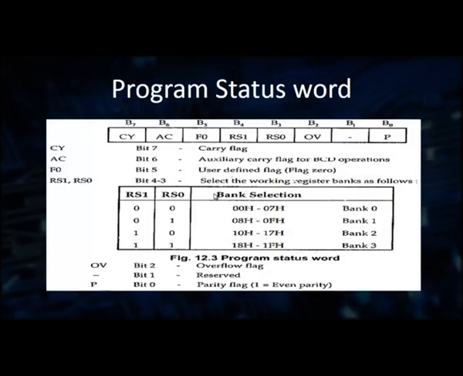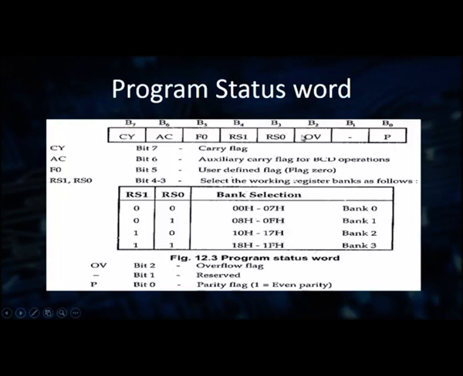The program status word is a status register, which gives the status of arithmetic and logical operations, right. So, we cannot write anything in this register. Based on the operation, it will affect the corresponding bit positions. We can understand what operation was performed or what happened during the operation. Out of 8 bits, 7 bits are used.